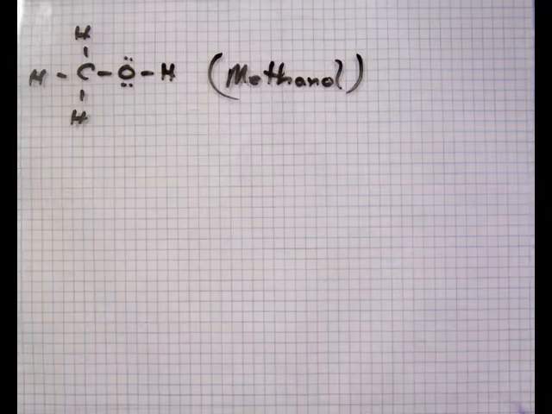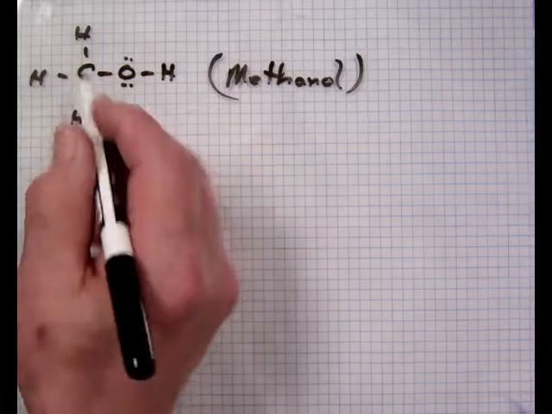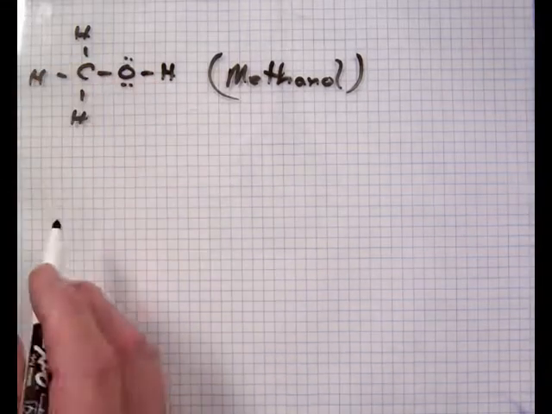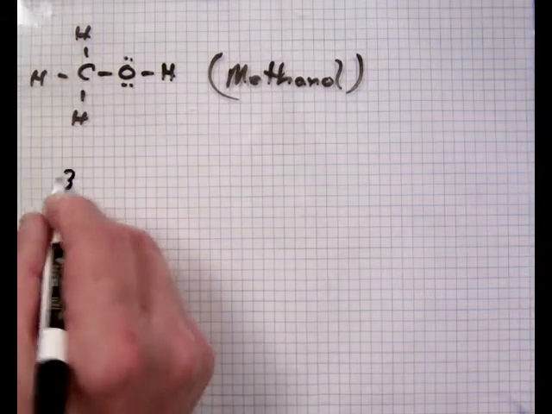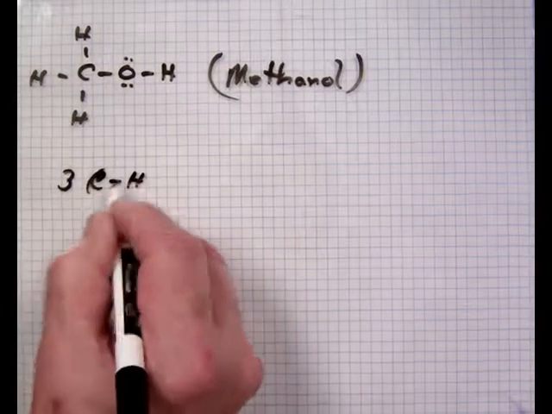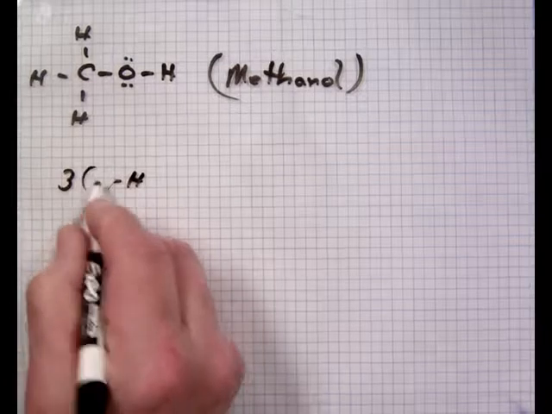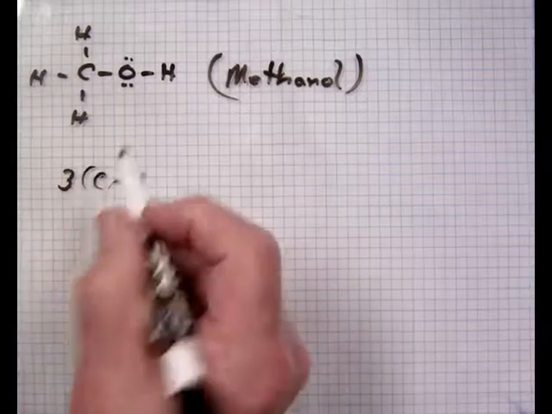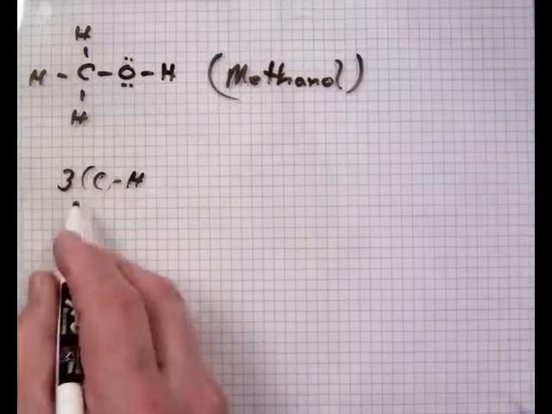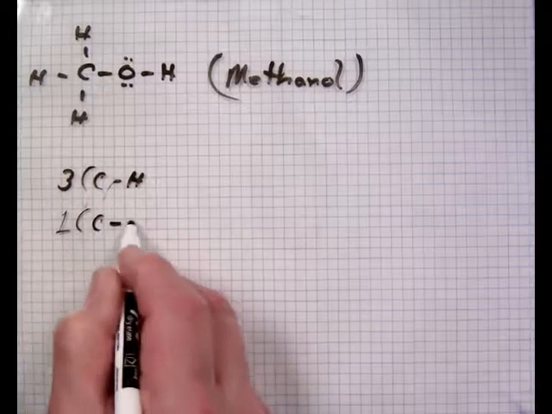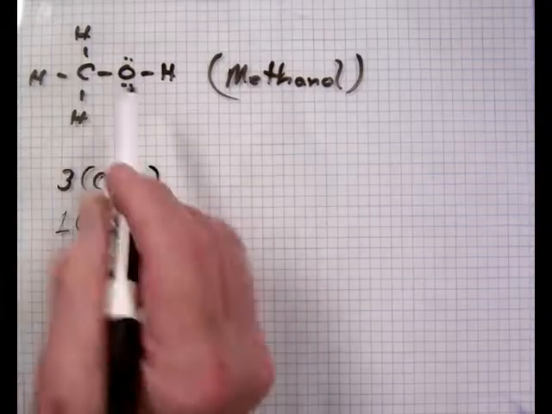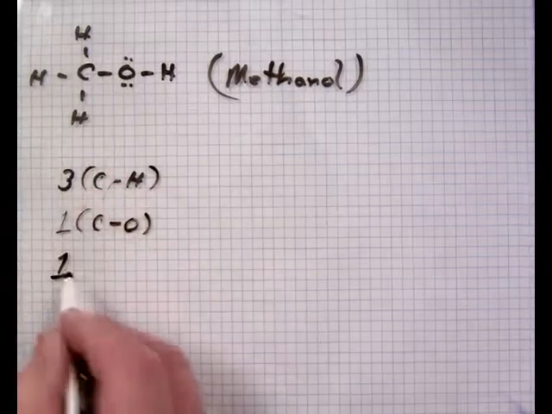This is methanol, methyl alcohol, another word for it. To answer this question, you'd have the table with you, and you count up the types and numbers of bonds. Well, 1, 2, 3. We've got 3 carbon-hydrogen bonds, 1 carbon-oxygen bond, and 1 oxygen-hydrogen bond.